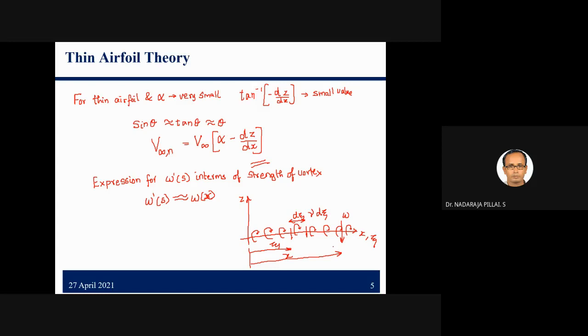Please note, consider an elemental vortex of strength gamma d zeta, located at zeta from the origin.